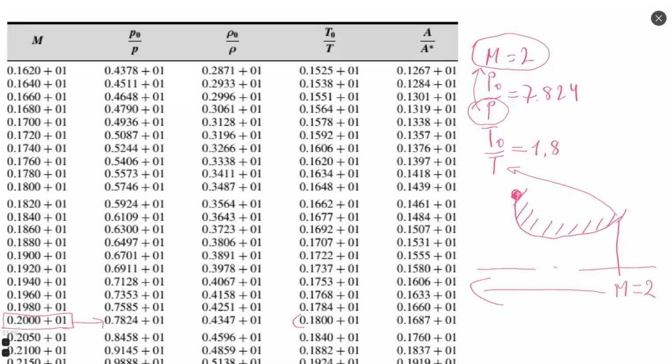So please be careful, keep in mind that if you are using calculations for non-isentropic flow, you need to estimate first how big the errors could be using these relations, and then either accept them or choose another method for calculation of flow properties. There are other methods, not just this one.